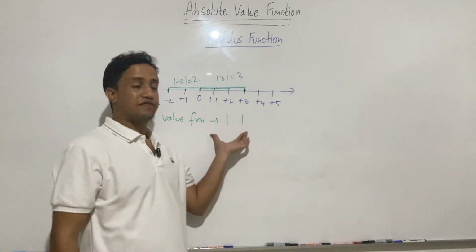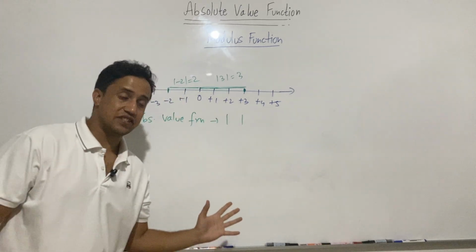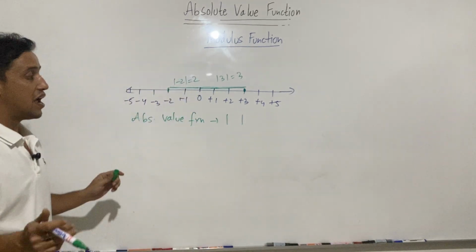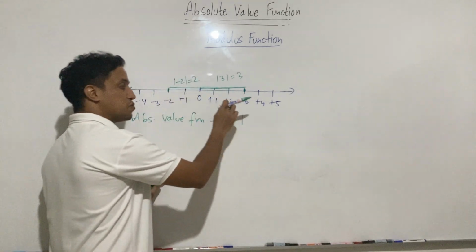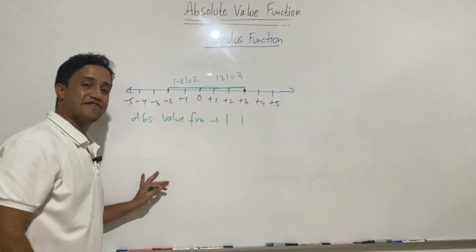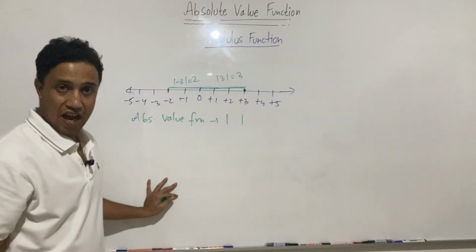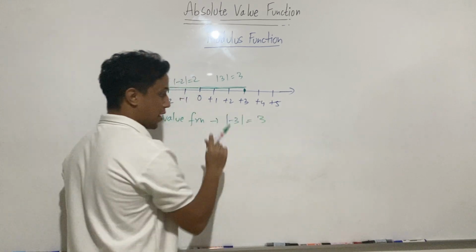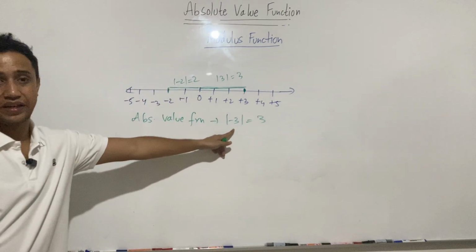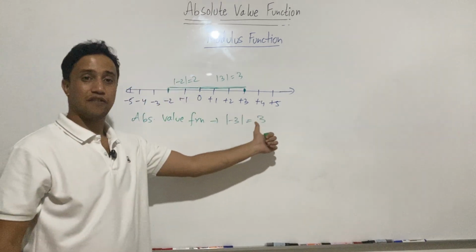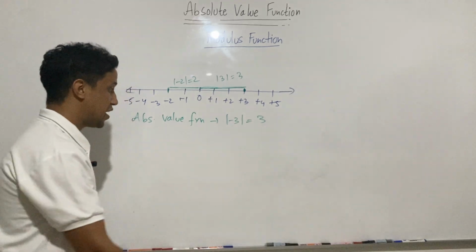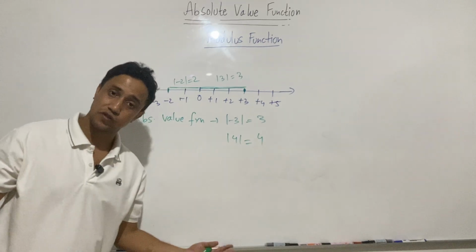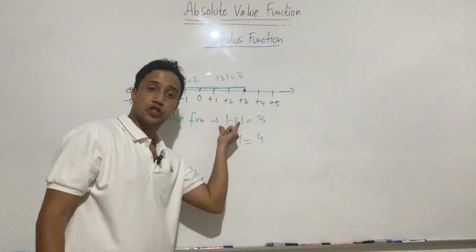The beauty of the symbol of the absolute value function is that if you put any negative number in it, the value is going to be positive. For example, the absolute value of negative 3 is 3. If you put any positive number here, of course the value is going to be positive. It's like a punch bag.